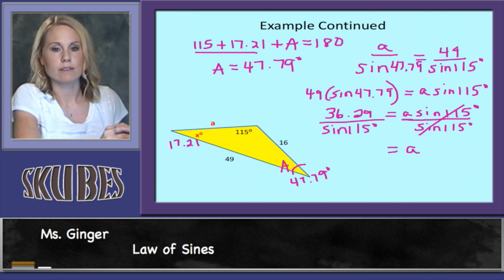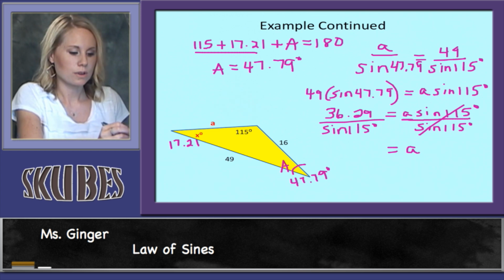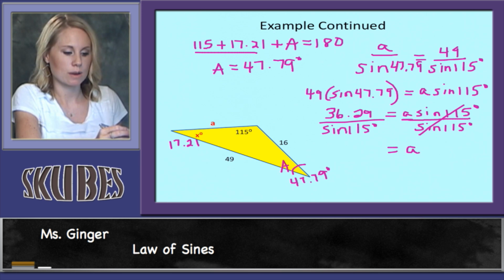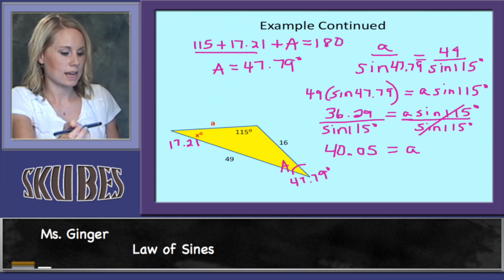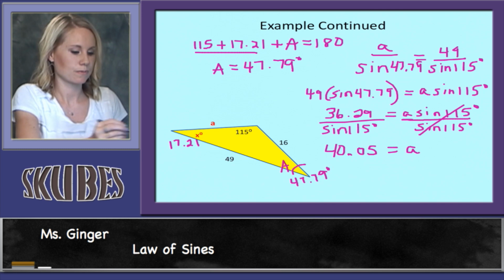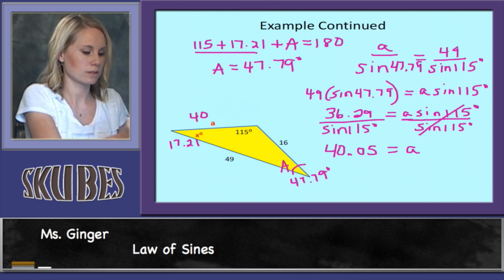We just need to calculate this left-hand side here. You can go ahead and type in and get a value for sine 115 before you divide if you wish, or do it all at once. Just be careful and use lots of parentheses in your calculator. So I'm getting A, the side A, to be roughly 40.05 units. We'll go back in and label it just for fun.